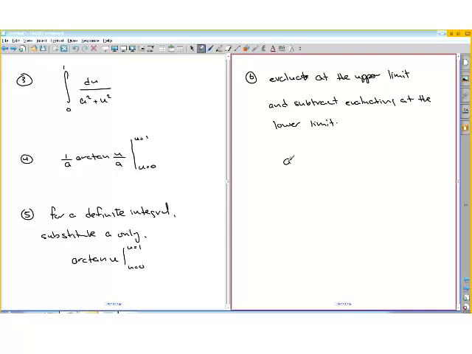What does that mean? It just means plug the numbers in. So you have the arc tangent of 1 minus the arc tangent of 0. Well, the arc tangent of 1, the angle whose tangent is 1, is pi over 4. And the angle whose tangent is 0 is 0. So the answer is pi over 4.